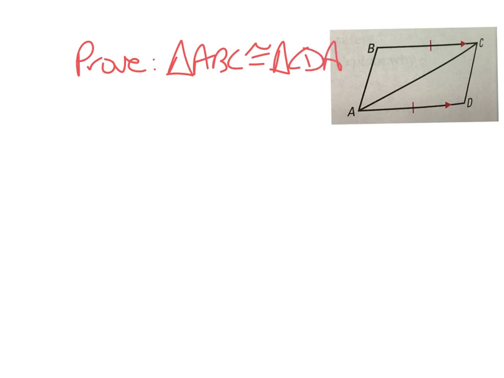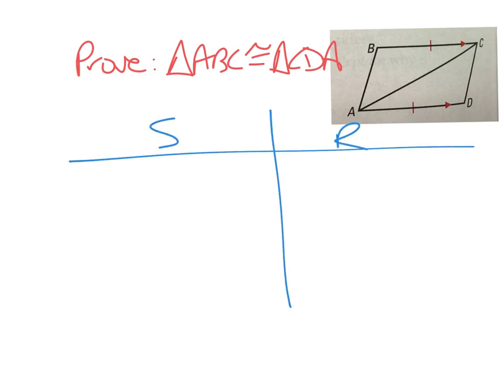So looking at the triangle, what would be our givens? Okay, we're making a two-column proof, statements and reasons. So the first one is the given. What's one of the givens on here? Yeah, segment BC is congruent to DA. BC is congruent to DA.